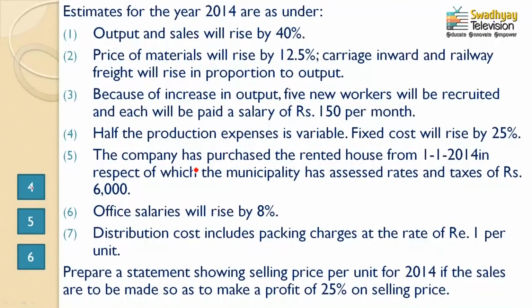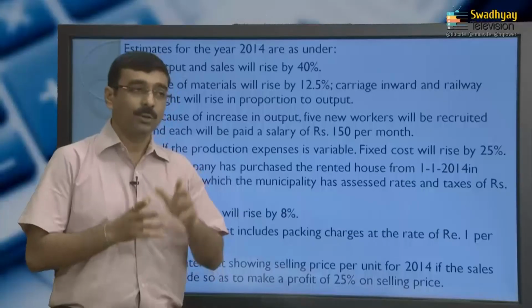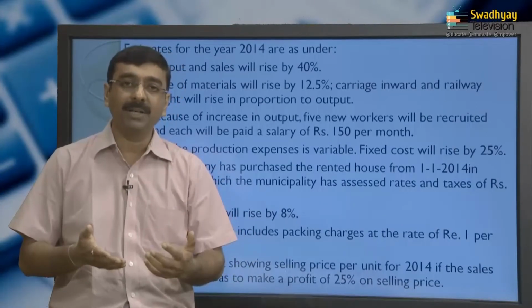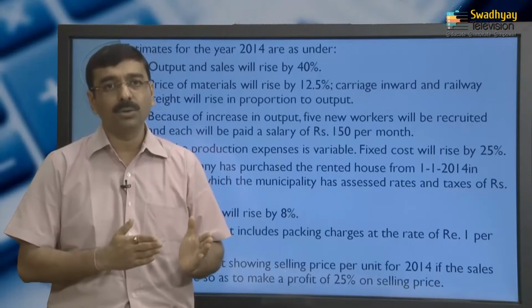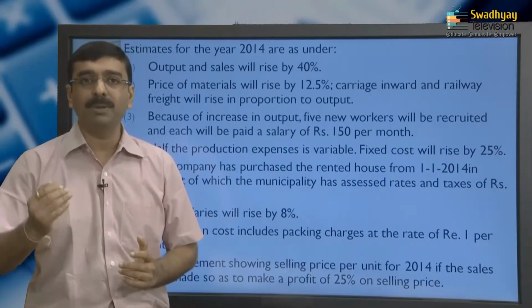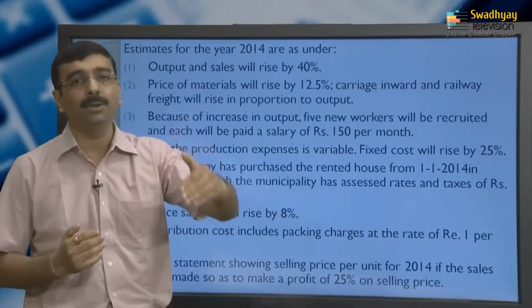Now this is the way to find out the total working required, or we will find out the missing items regarding the part of the question. So here: prepare a statement showing the selling price per unit for 2014 if the sales are to be made so as to make a profit of 25% on selling price. On the basis of this only we try to find out what profitability would be charged in the year 2014 on cost price instead of the selling price, because the selling price would be calculated after the profit has been added into cost price.